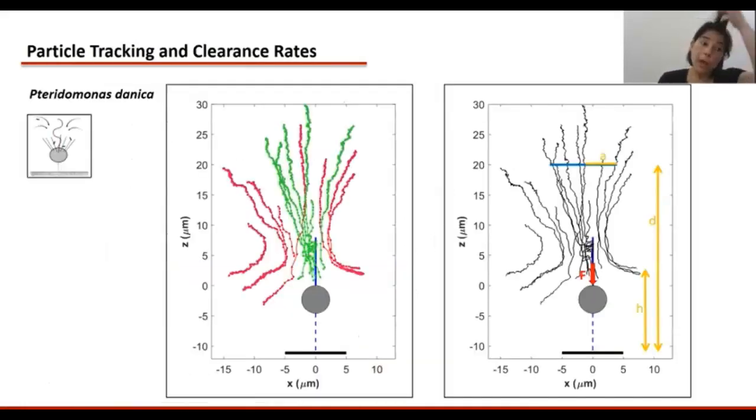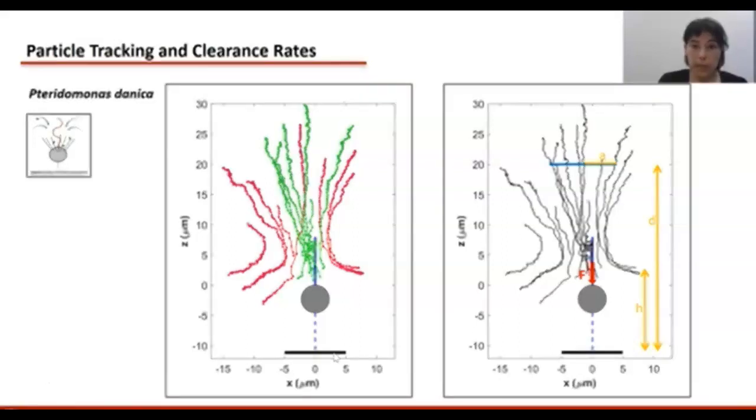Manual particle tracking was also performed on 2 individuals of each of the species in the study. Here we have an example of an individual of Pteridomonas danica. Particles in green were the ones captured by the flagellates, and the ones in red weren't. From calculating the velocity component Vz, the one perpendicular to the surface, we're able to obtain a clearance rate.